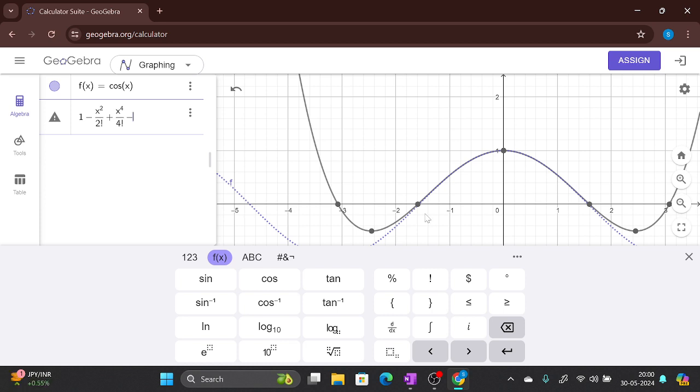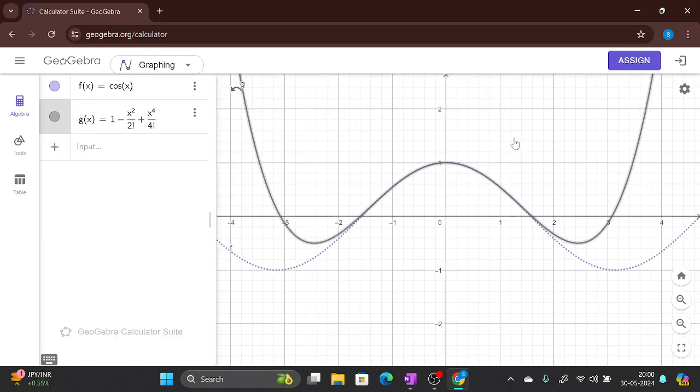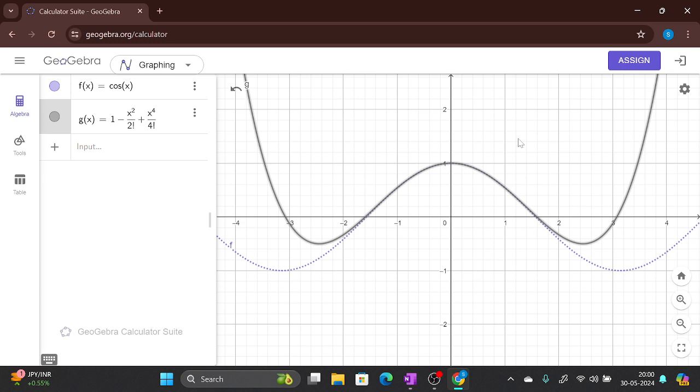And as you can see, if you start adding the terms, this red graph, let me change the color here, is trying to follow the dotted graph, which is our cos graph.